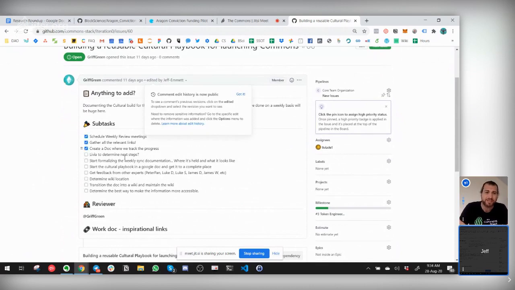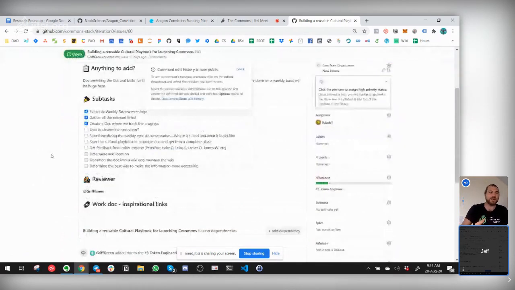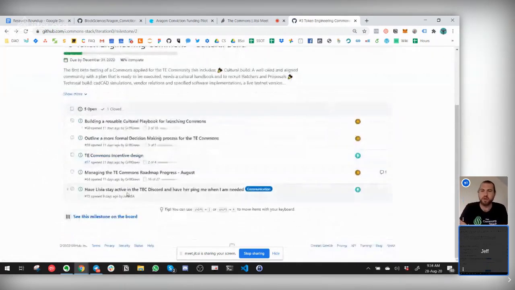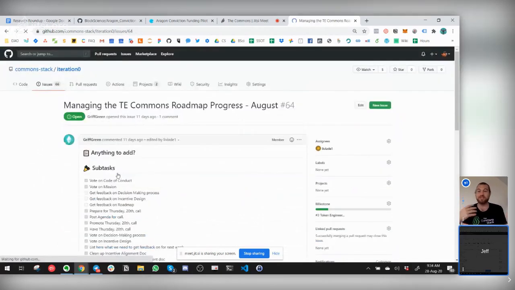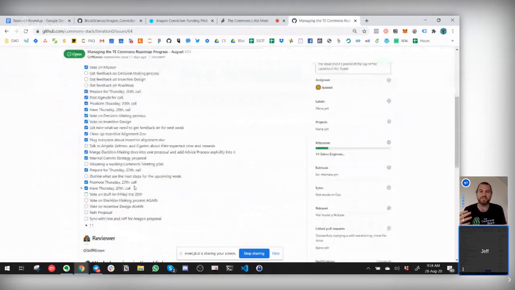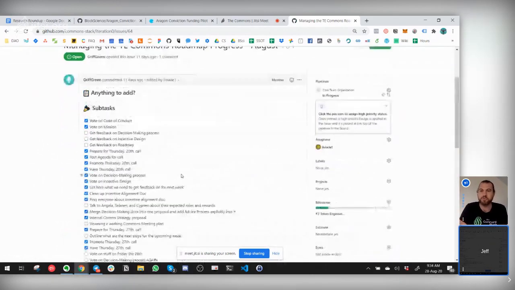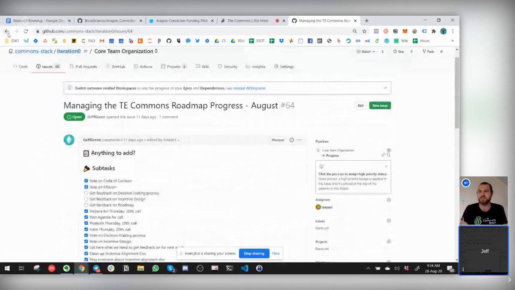There are lots of random things that maybe the core team doesn't have the time to do, or other people are better positioned to do.